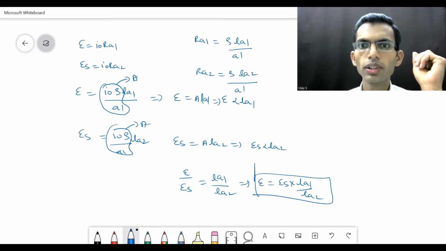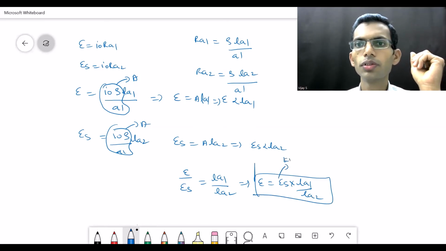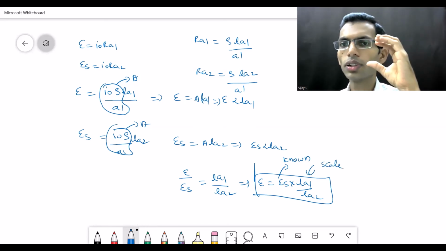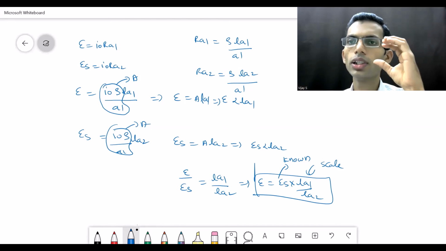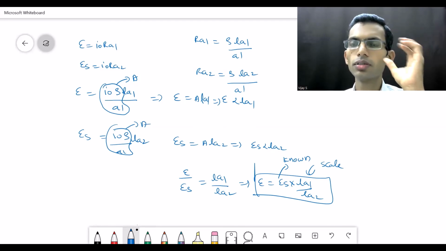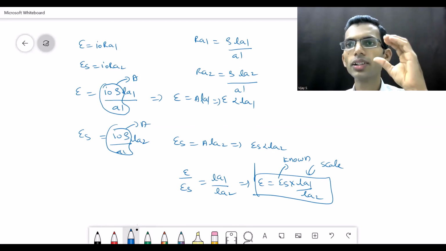Here you can see ES, the standard cell EMF, is known, and these lengths are measured from the scale. By substituting, we can obtain the EMF of the cell. In the experiment we are only measuring LA1 and LA2, the lengths of the wire for which the galvanometer shows zero deflection in the two cases. By measuring this, we obtain the cell EMF.